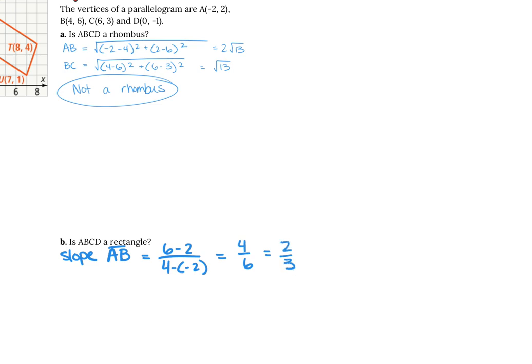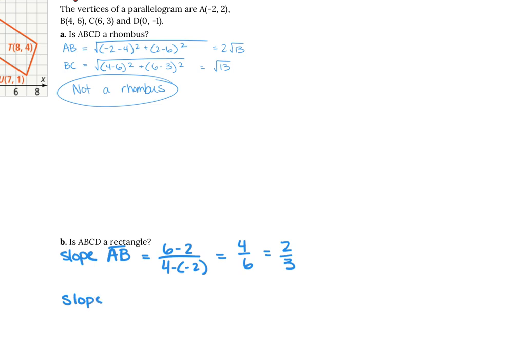So again, in order to have negative reciprocal slopes, I have this 2/3. I'm looking for a negative 3/2. That would be the negative reciprocal of 2/3. So let's go ahead and find our slope to see if that gives us the negative 3/2.